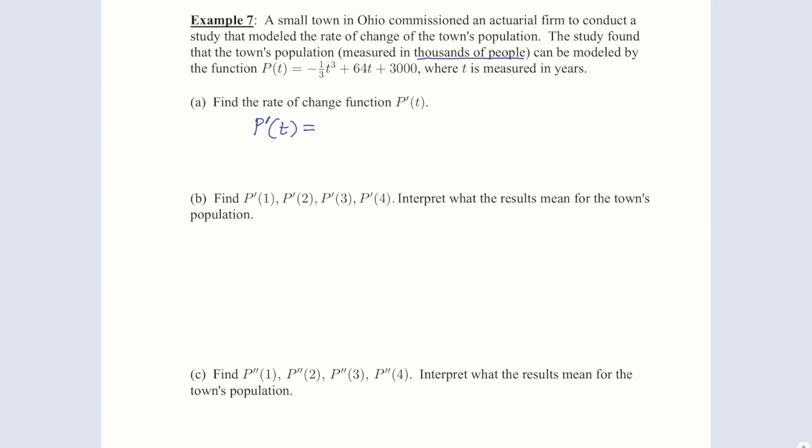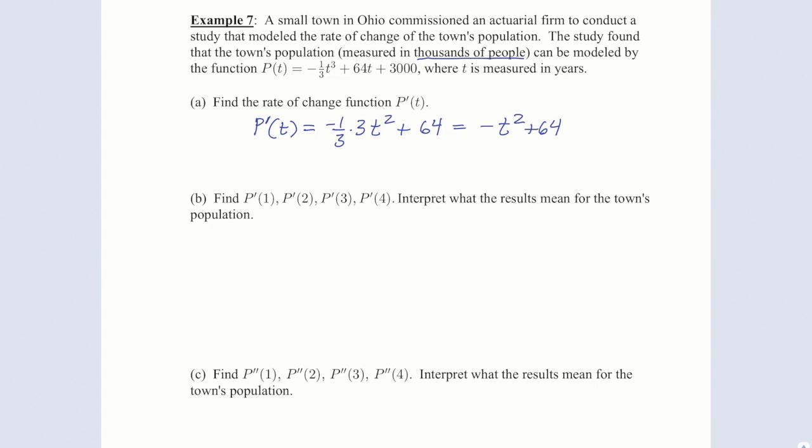So here, p prime of t, we just want the derivative of p of t. So we'd have negative 1/3 constant multiple times the derivative of t cubed, which would be 3t squared, plus the derivative of 64t, that's linear, so the derivative is just 64, plus the derivative of 3,000, which would be 0. So we can clean that up, and we'll have negative t squared plus 64.